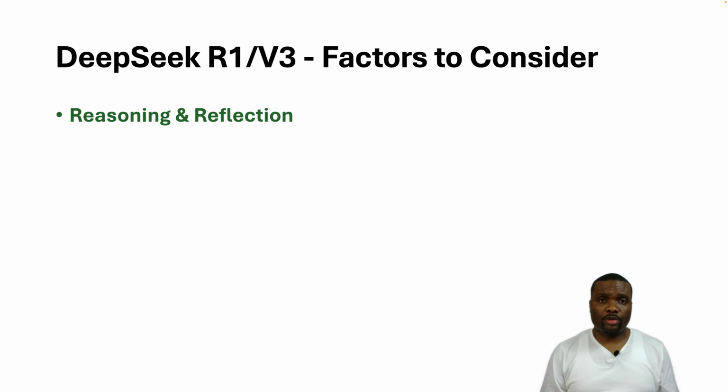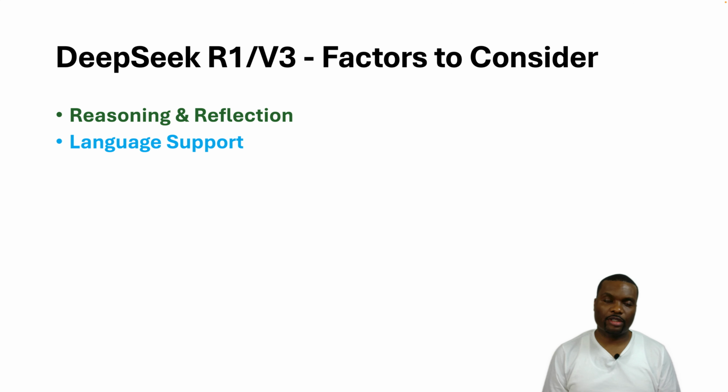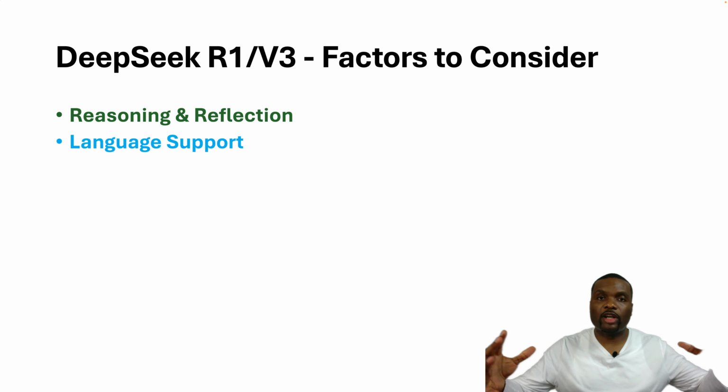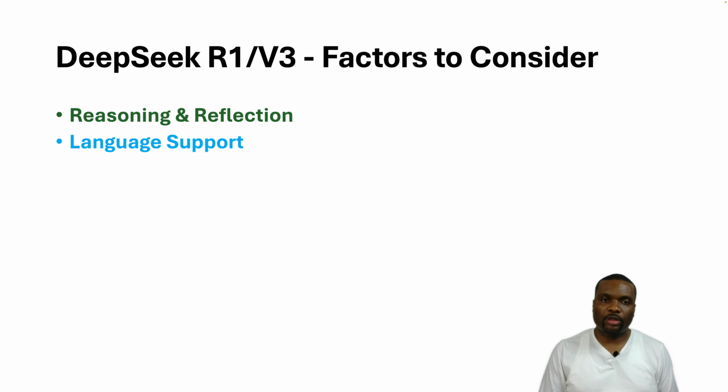Now, besides the ability to reflect, besides the ability to reason, it also has language support if the only languages you're using are going to be Mandarin, Chinese, or English, and that's it. And this is a problem. So if you have a scenario where you need to provide support for multiple languages, and the language model has to understand these input languages like French, like Portuguese, like Spanish, like Italian, like Russian, like any other language that other language models support, then you can run into a problem where you're not able to use DeepSeek.